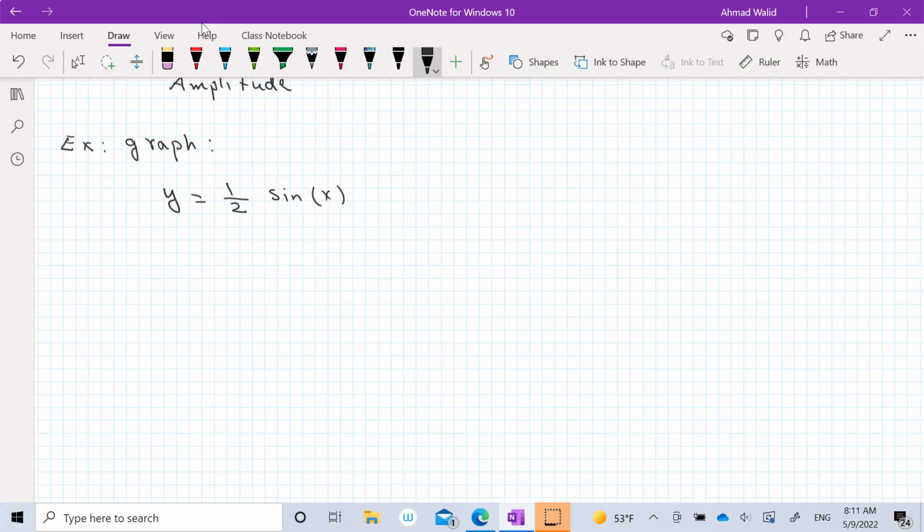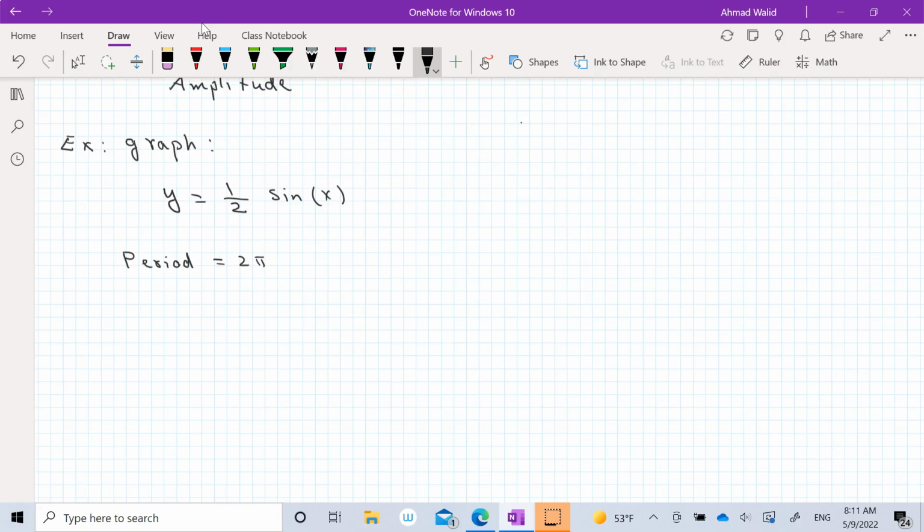To graph this, there are a few things that I need here. Period. What is my period? Your period for the normal graph, I don't want to give you a formula right now, but soon I will give you a formula for period. For a normal graph of sine x, your period is 2 pi.